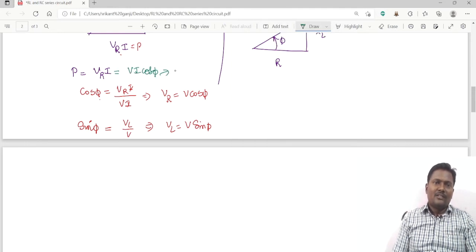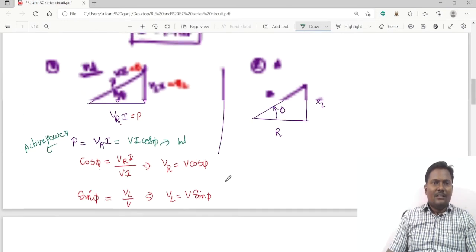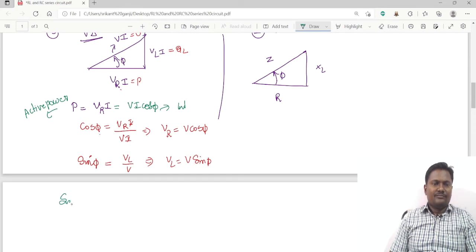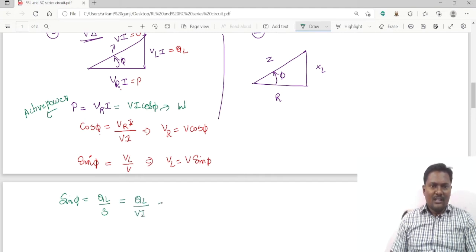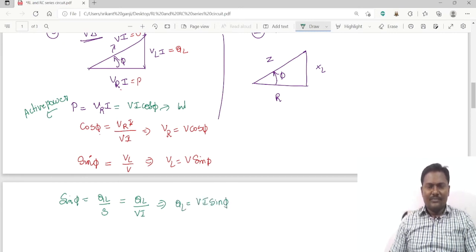So this power is called the active power, and the unit is watts. And sin phi is equal to QL divided by S, where S is VI, and from this we get QL equal to VI sin phi, whereas QL is equal to VL into I, and VL is equal to V sin phi.